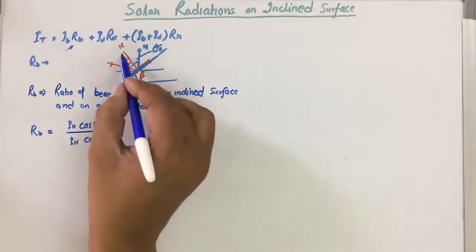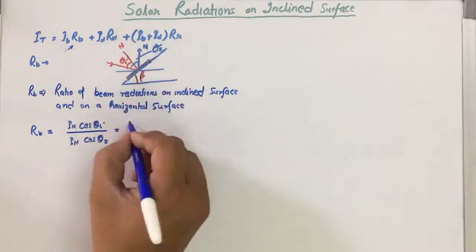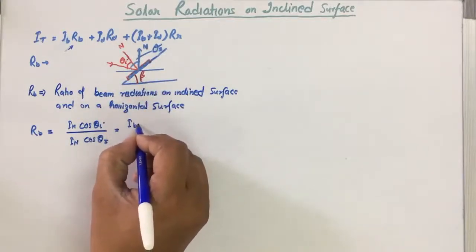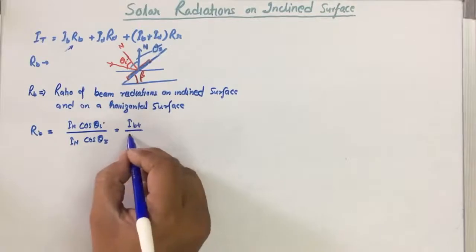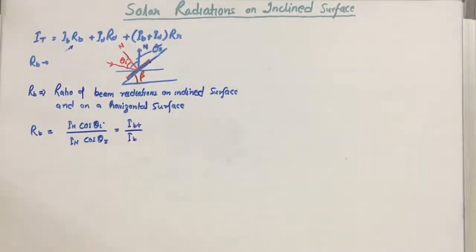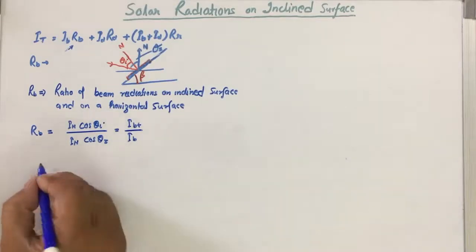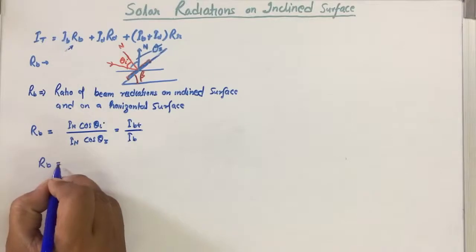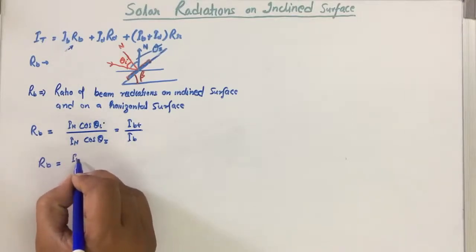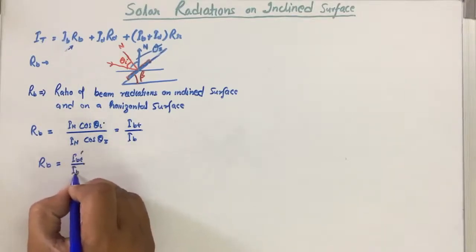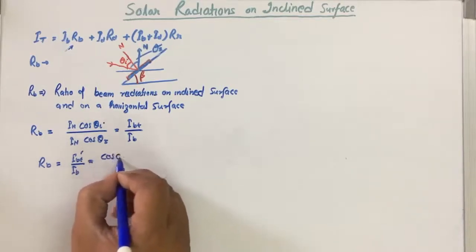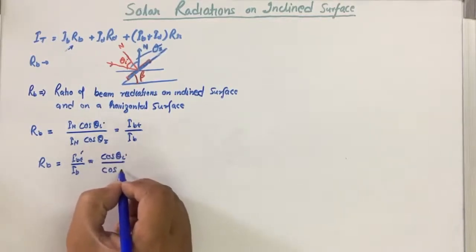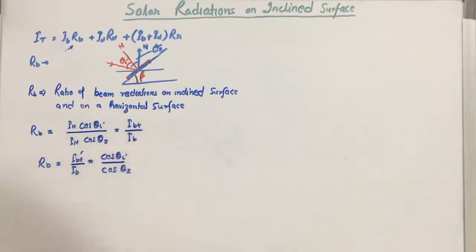This is I beam radiation component when it is tilted and when it is horizontally placed. So we can write like that. And from here we can say RB is nothing but IBT inclined over IB, that is cos theta I and cos theta Z. So these two parameters, okay.